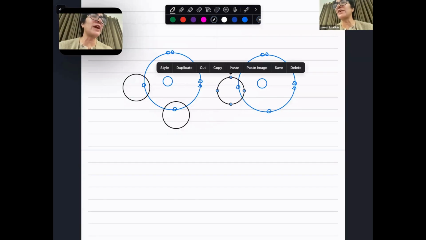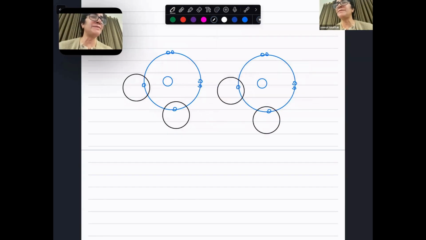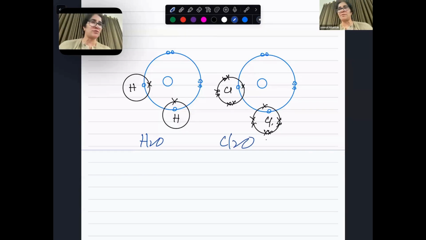Or group 7 even. Like, look, H2O, and chlorine, 1, 2, 3, 4, 5, 6, 7, 8. This is H2O. This is Cl2. It's perfect.